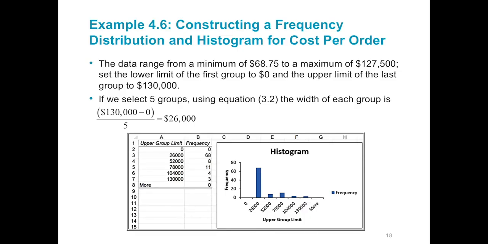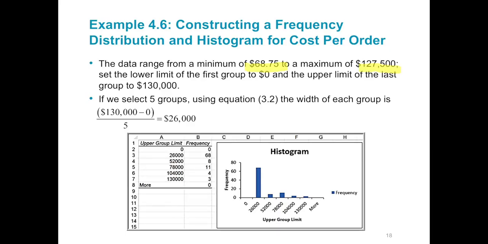So we know that the data for cost per order ranges from a minimum of $68.75 to a maximum of $127,500. And so we're going to set the lower limit to $0 to round it down, and then the upper limit to be $130,000.